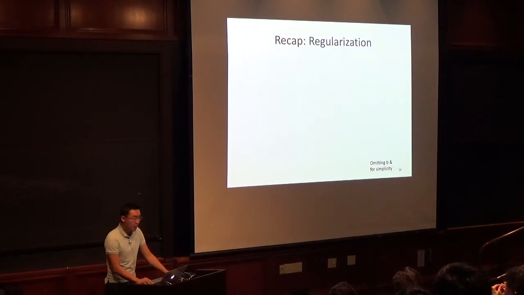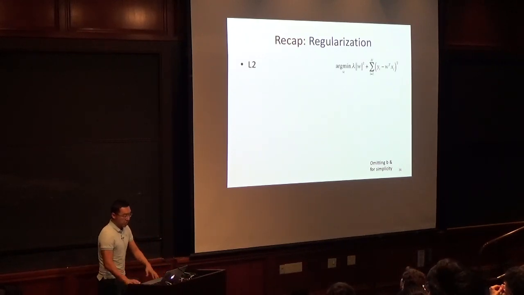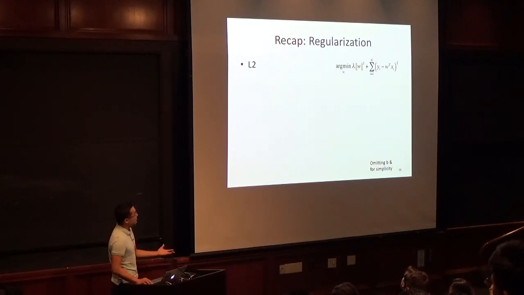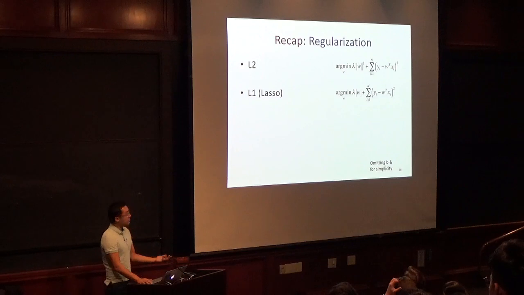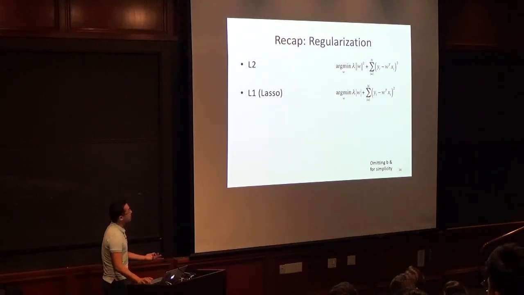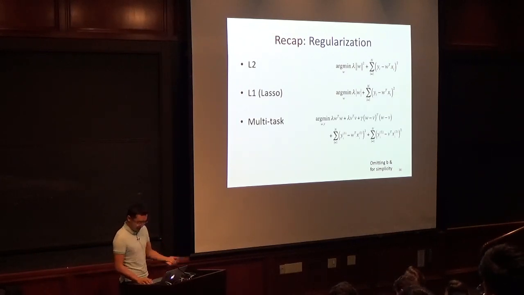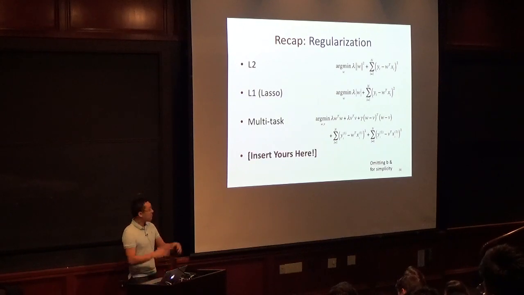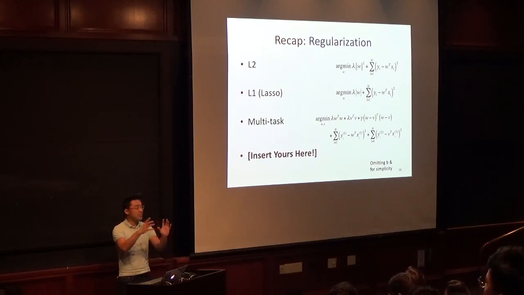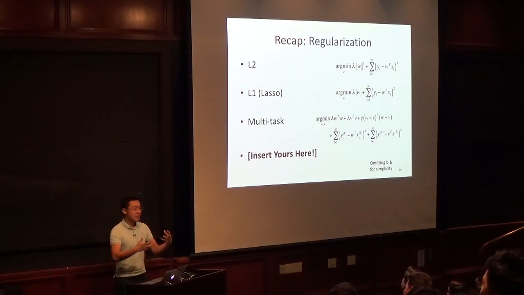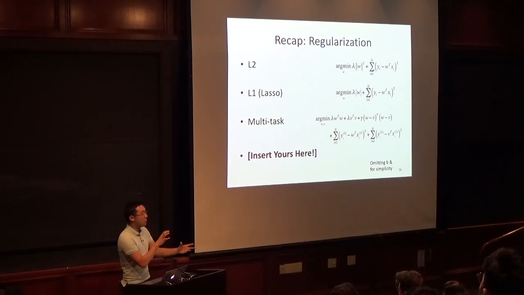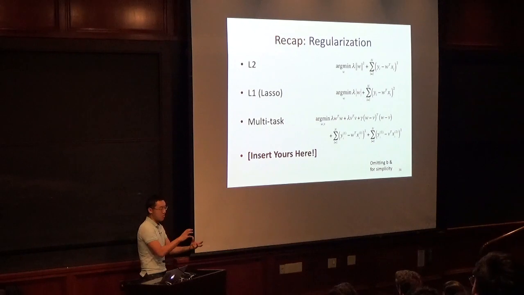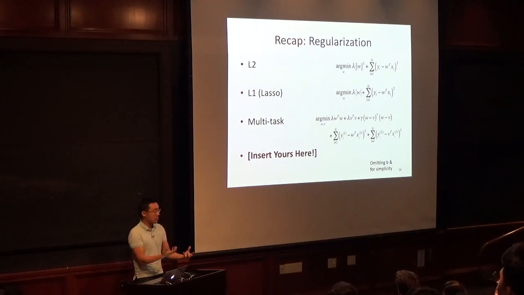Just to recap on regularization, we have L2 regularized least squares regression, also known as ridge regression. We have L1 regularized least squares regression, also known as lasso. We have multitask. And as your learning task becomes more and more complicated, and you start to think about what makes sense in terms of constraining your model, what you want your model to learn or not learn, you could design your own regularizations.